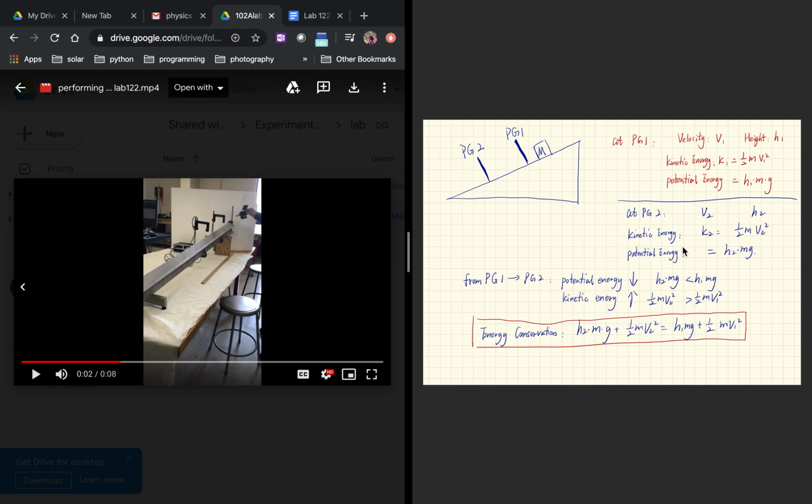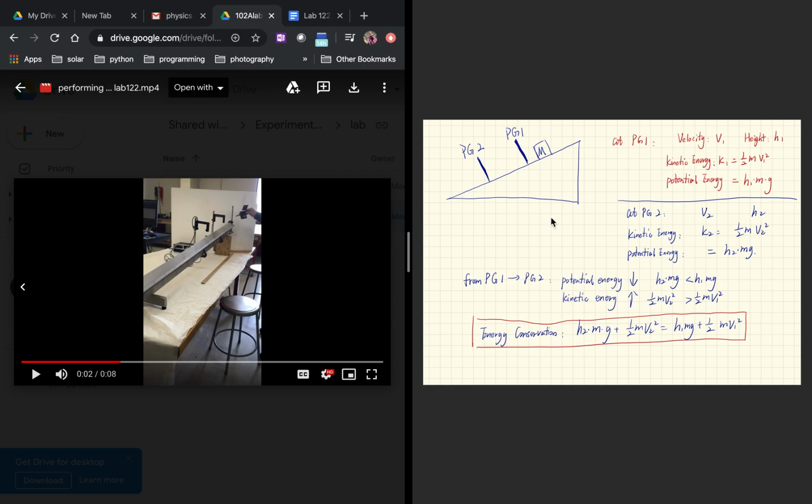And for the same reason, when the glider goes through the flow gate 2, the only difference in kinetic energy will be that the velocity has changed. So the kinetic energy will equal 1/2 times m times v2 squared.